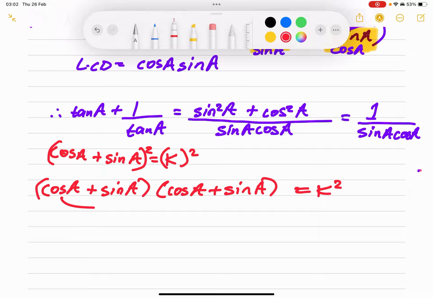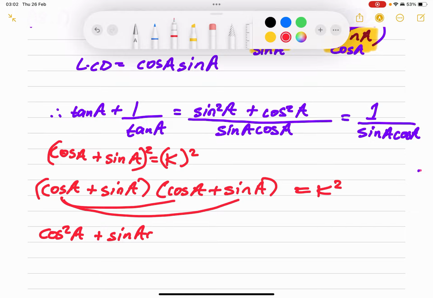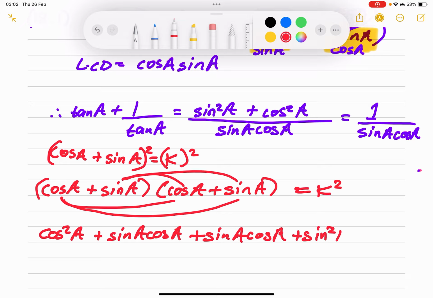And then cos A times cos A is cos squared A. Cos A times sine A is basically sine A cos A, or you can say cos A sine A, it's up to you. Sine A times cos A is the same as sine A cos A. Sine A times sine A is plus sine squared A, equals K squared.